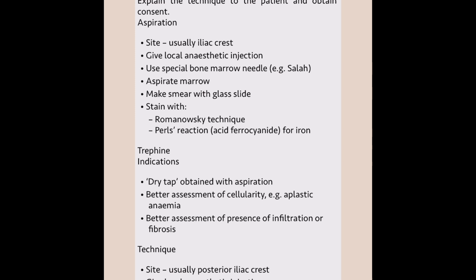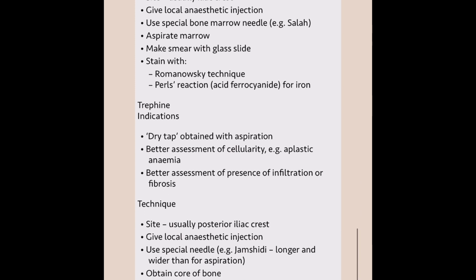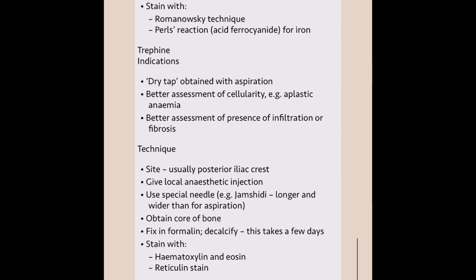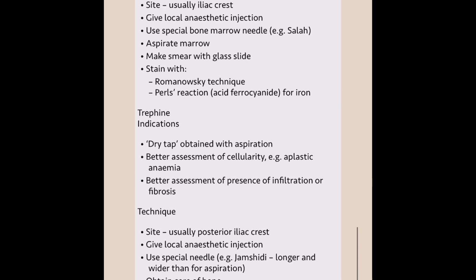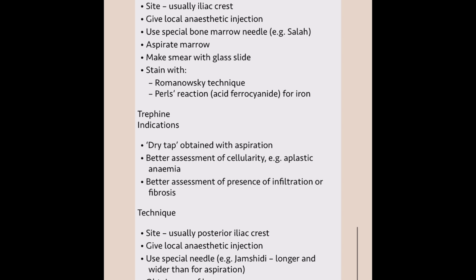The trephine indication: dry tap obtained with aspiration, better assessment of cellularity, for example in aplastic anemia, and better assessment of the presence of infiltration or fibrosis. Technique: the site is usually the posterior iliac crest. The aspirate is from the iliac crest.